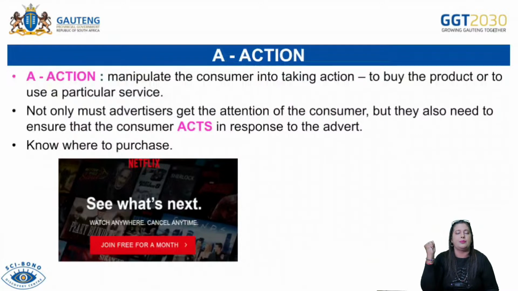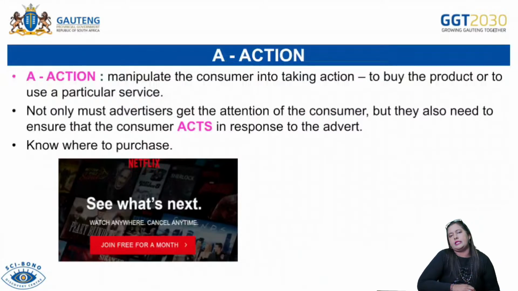99 cents, for example, is what would get you to think, okay, it's not 7 Rand or 6 Rand, it's 99 cents. So it kind of almost urges you to say, okay, I'll save a couple of cents if I go and buy this particular product in bulk as opposed to buying one or two of them. That's the kind of technique they use to get us to take action.